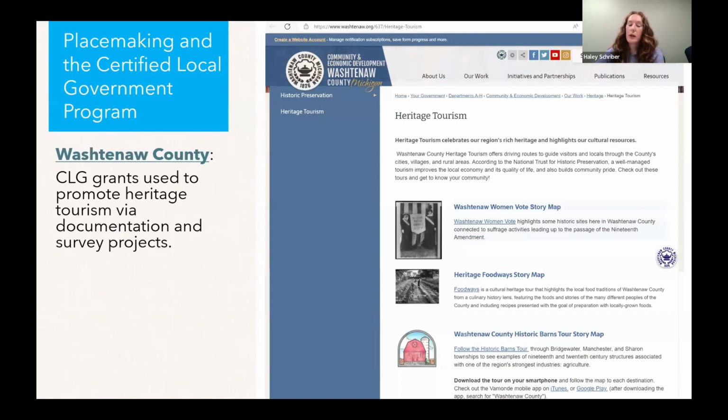And this really speaks to their capacity to incrementally survey and inventory their historic resources, which has then facilitated the educational opportunities for both tourists and locals. And projects like these really spark renewed interest in a community, which supports the local economy and that community pride.